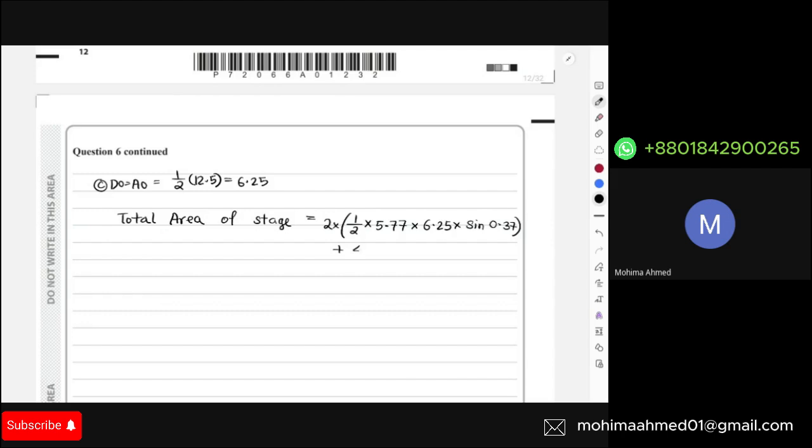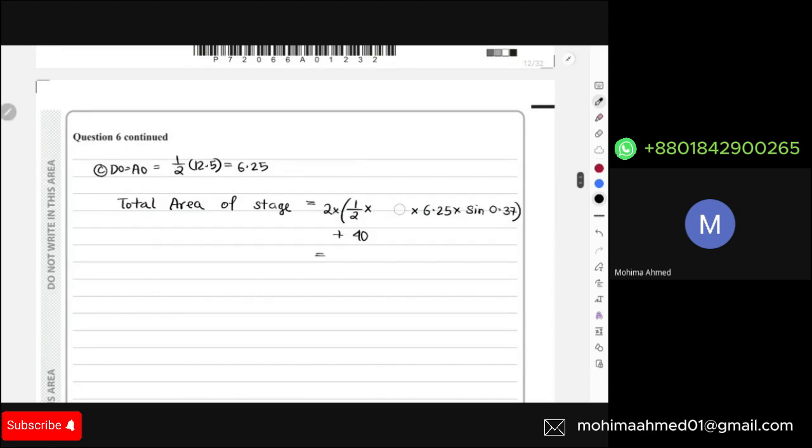And then we're going to add this to 40, the area for the sector. So we have 5.77, then 6.25 and sine 0.37 plus 40. You get 53.04.